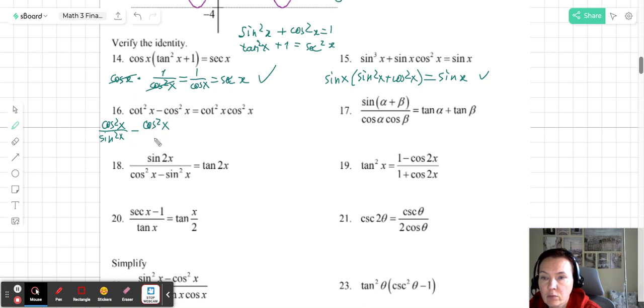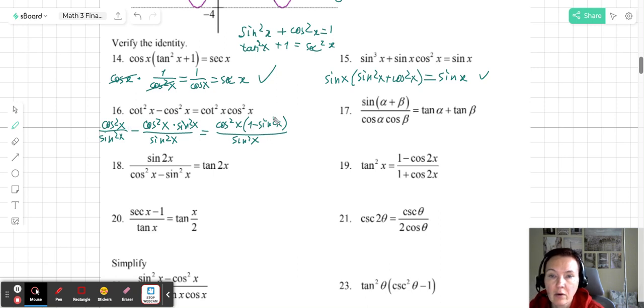I want to have the same denominator, so I'm going to multiply it by sine squared x, and I'm going to divide it by sine squared x. Okay, so now here I can factor out cosine squared x, and then in parentheses I will have 1 minus sine squared x, and then in the denominator I have sine squared x. Now I know that 1 minus sine squared x, look at this identity, it is cosine squared x.